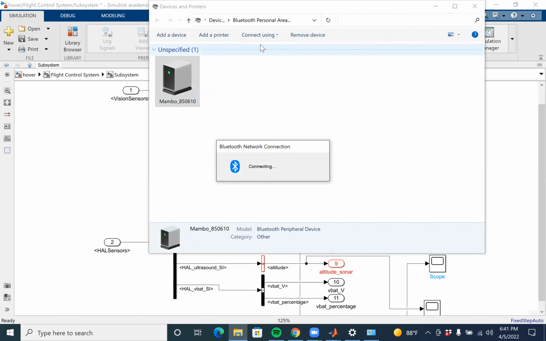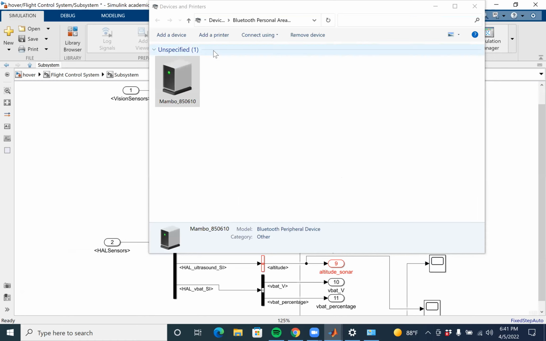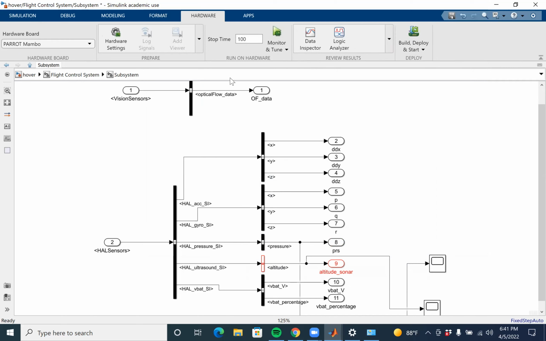Connect using access point. Once it is connected, go to hardware and then do monitor and tune.